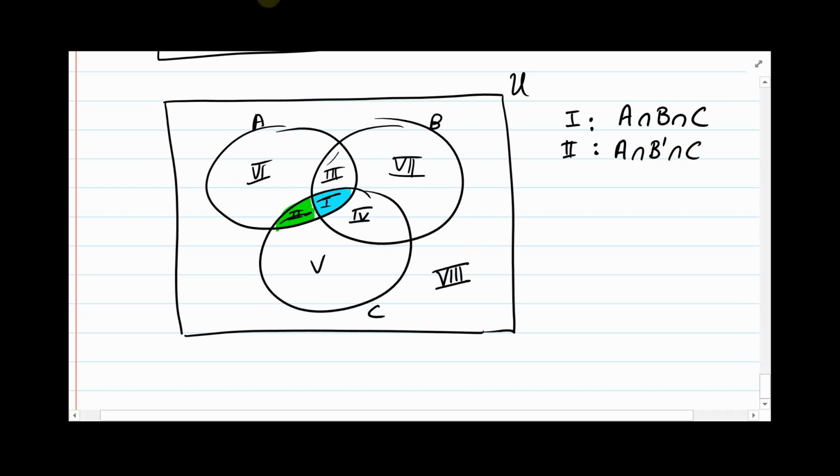Continuing, region 3. In region 3, again, take a moment and ask yourself what's going on. You are in A, and you're in B, and you're not in C. Region 4.